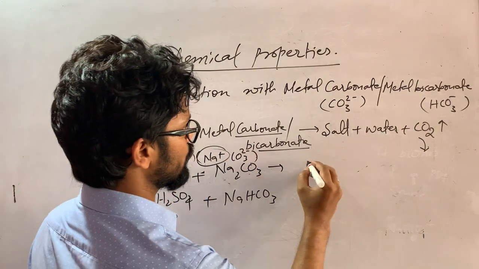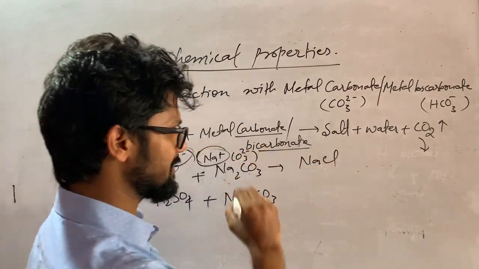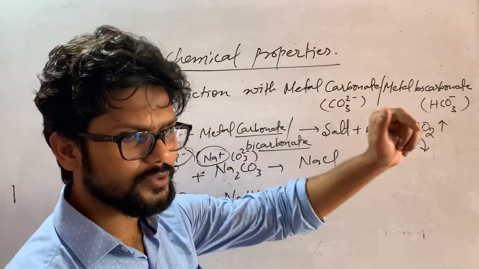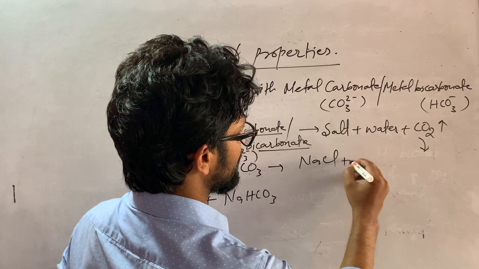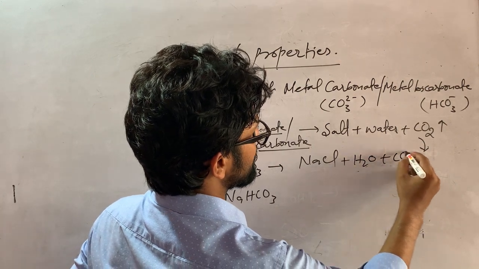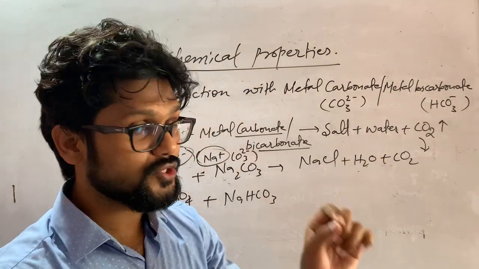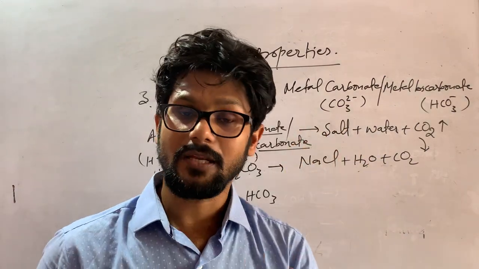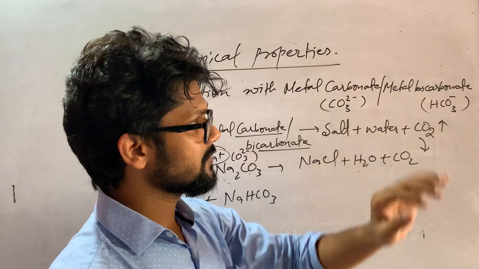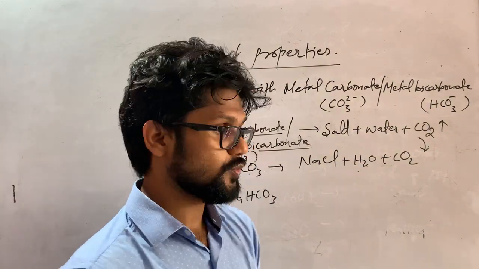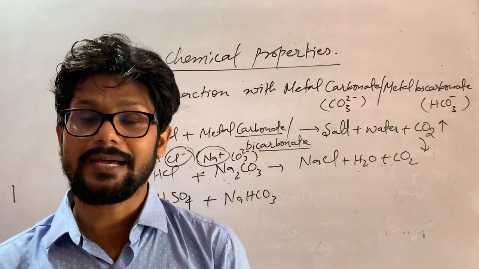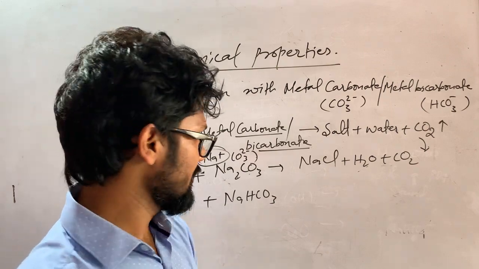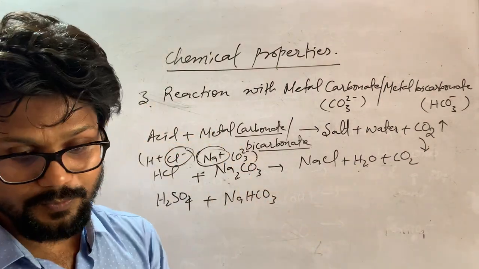Both are monovalent, so it will give NaCl, and for the rest of the formula, it will give H2O plus CO2. You don't write H2CO3, else you will not be awarded any marks. It will give H2O plus CO2, because when H2O plus CO2 combine, it gives H2CO3, which is not stable. Okay, the rest of the reactions you have to practice.